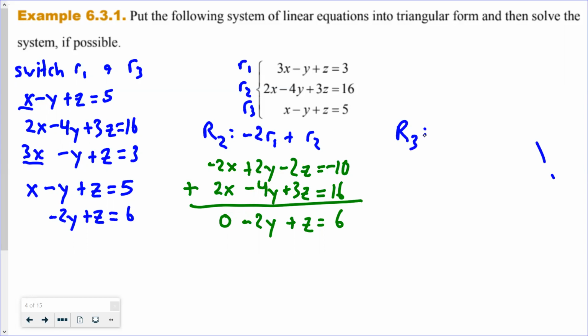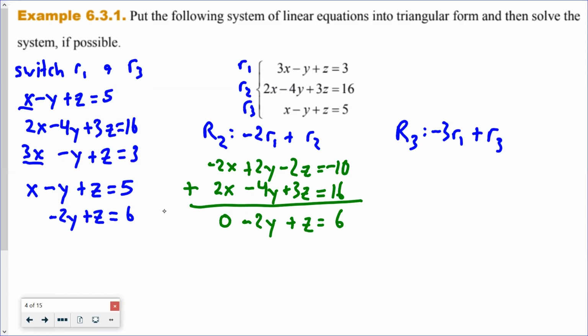I'm going to take negative 3 and times it by row 1. Negative 3 times x will be negative 3x, and if I add that to 3x, it'll give me 0. Then I'll add that to row 3.